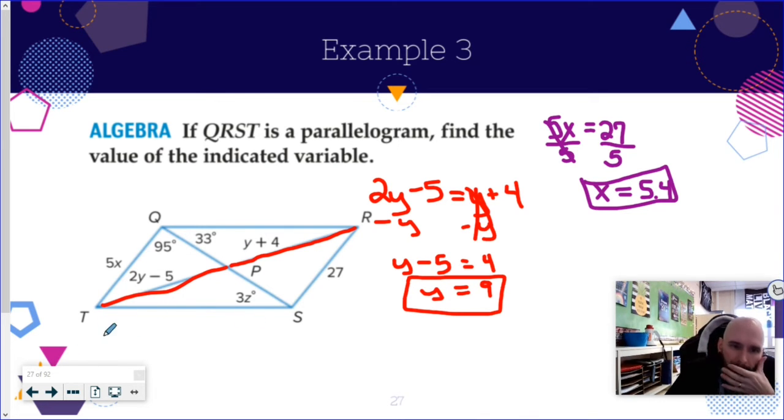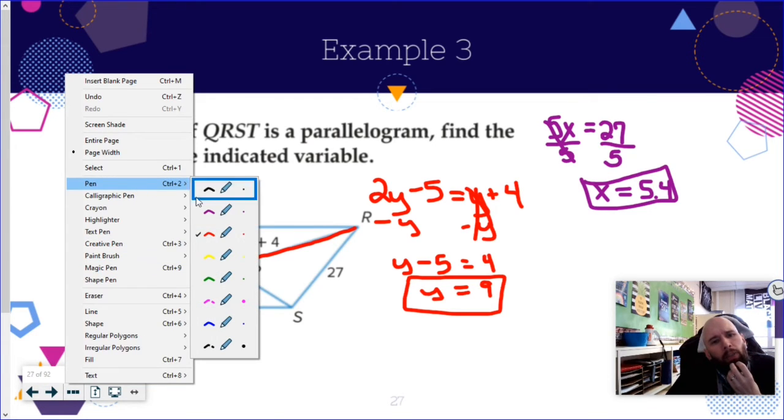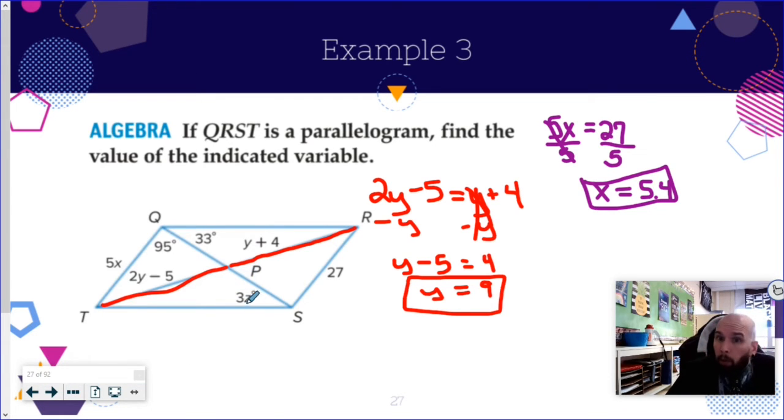But we have a z left over. Now, this doesn't come from any brand new theorem. This comes from the fact that if you have two parallel lines, and the parallel lines I'm going to look at are QR, that's parallel to TS.